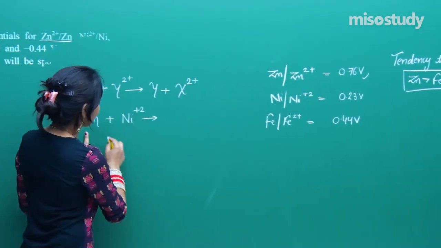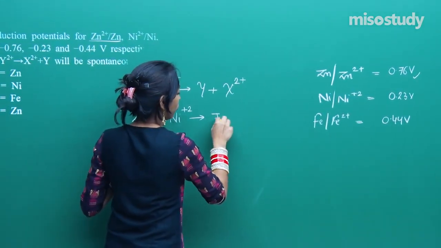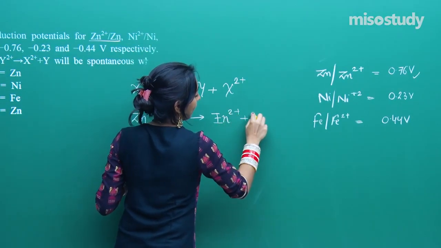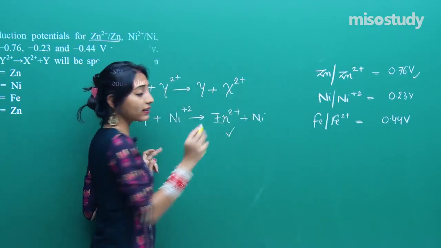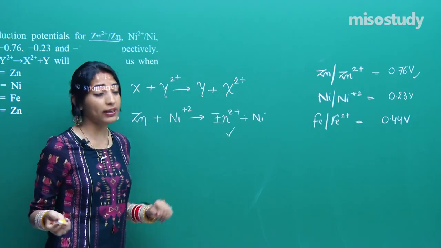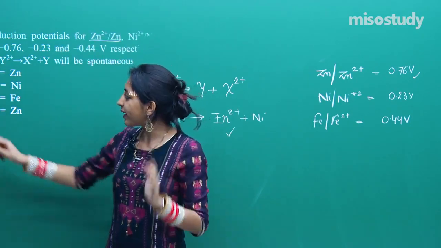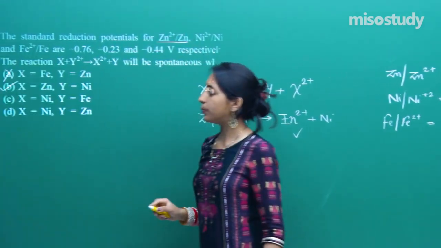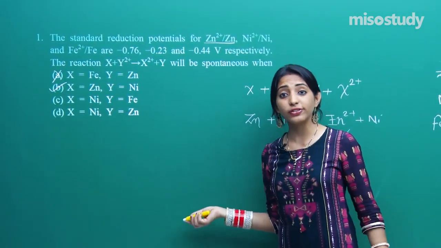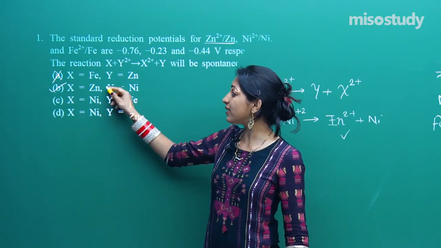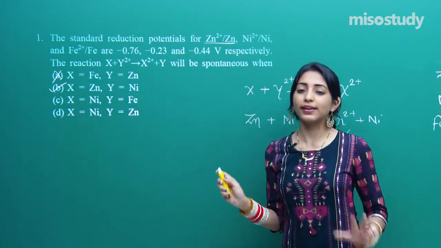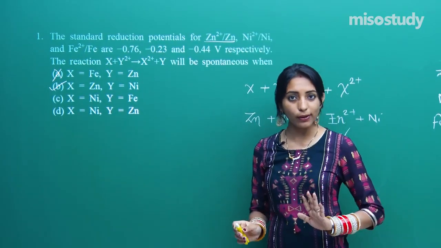And here I am saying zinc wants to convert to Zn2+ and nickel wants to undergo reduction. Yes. So the reaction will happily take place, and this reaction will be spontaneous also. So with this, I can simply mark option number B as the correct option for this question. Now no need to compare the others because we have already rechecked it and this is the correct answer.